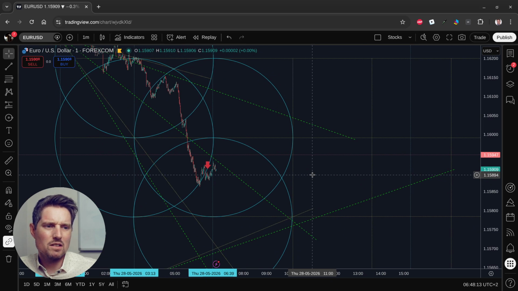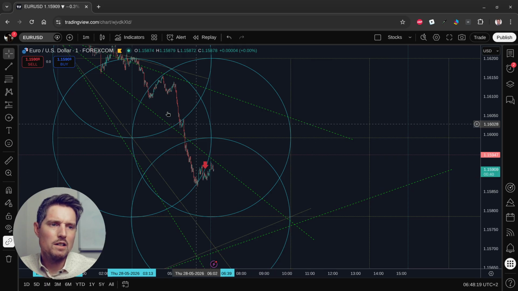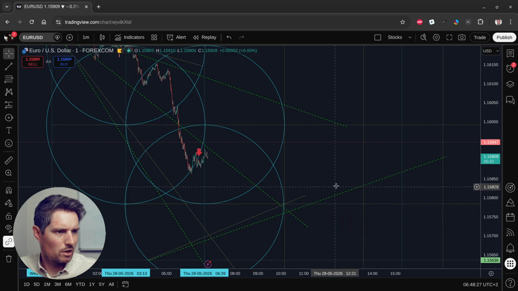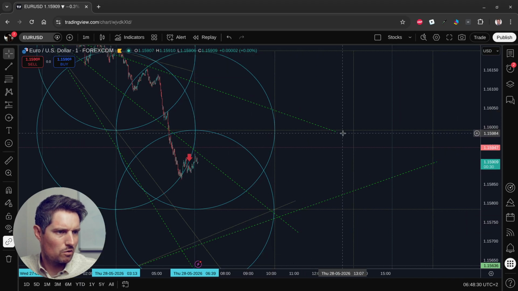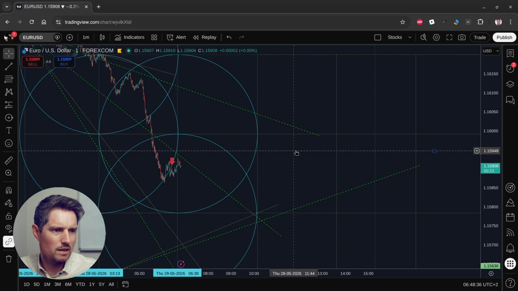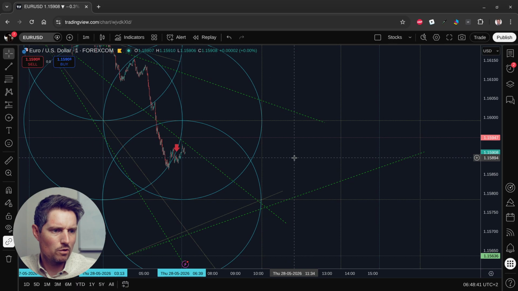But this could be a bit confusing because we're expecting bearish movement, but since we already made such a big drop, I think it's going to be retracement time also. And maybe price is going to look to bounce to these levels. This red line right here is an interesting support resistance level.